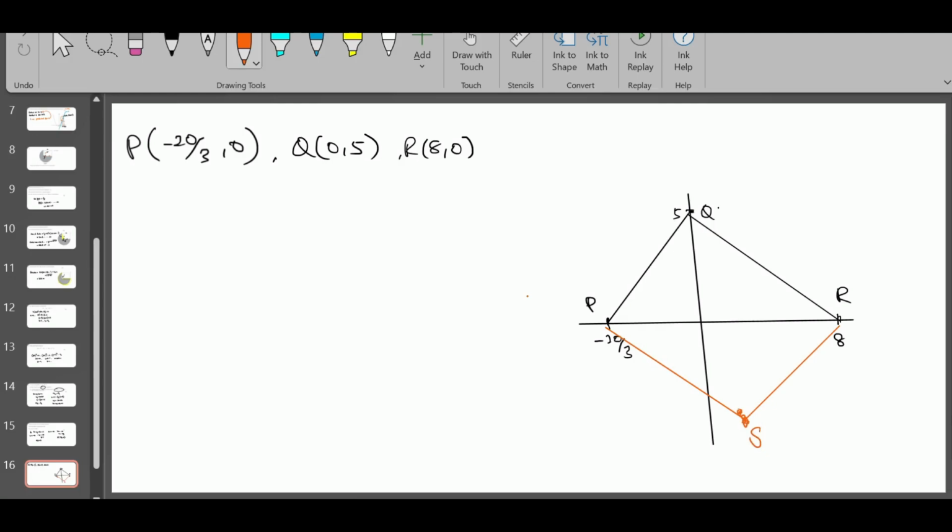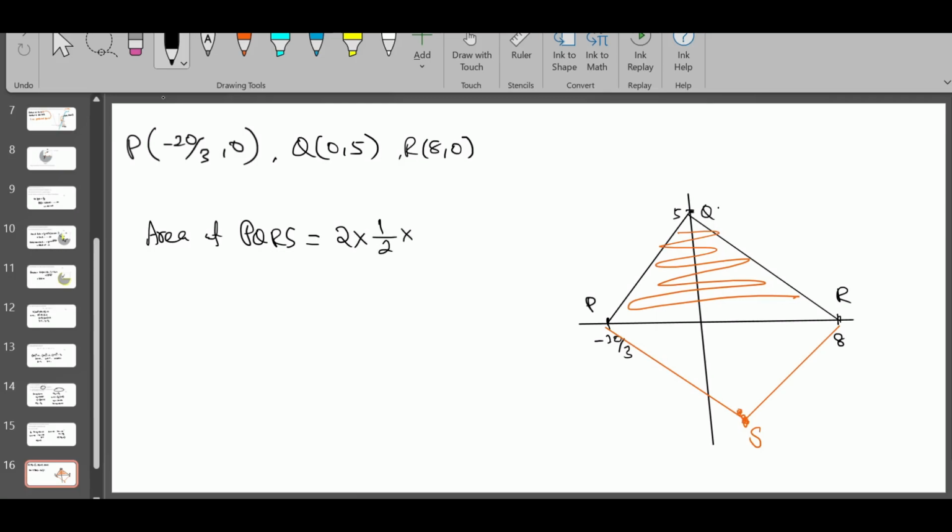To find the area of the parallelogram, you can find the area of this triangle and multiply it by 2. So the area of PQRS is equal to 2 times the area of the triangle PQR. Half times the base PR times the height. Height is the distance from O to Q. So 2 times half times the distance, here it's 20 over 3, here it's 8.